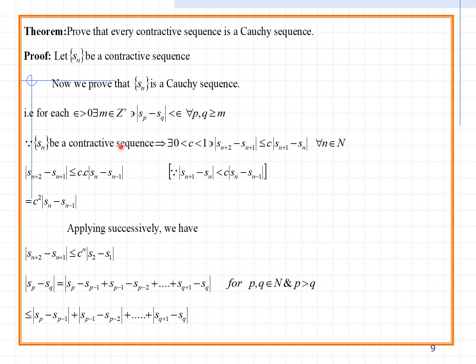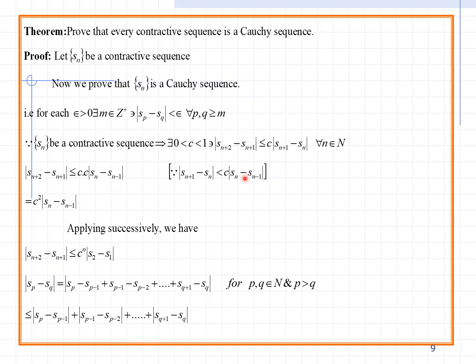So since it is contractive, what is that? Contractive means there exists 0 less than c less than 1, c exists in between 0 and 1, such that modulus Sn plus 2 minus Sn plus 1 is less than or equal to c times modulus Sn plus 1 minus Sn, for all n belongs to capital N. So this value is less than or equal to c times modulus Sn minus Sn minus 1.